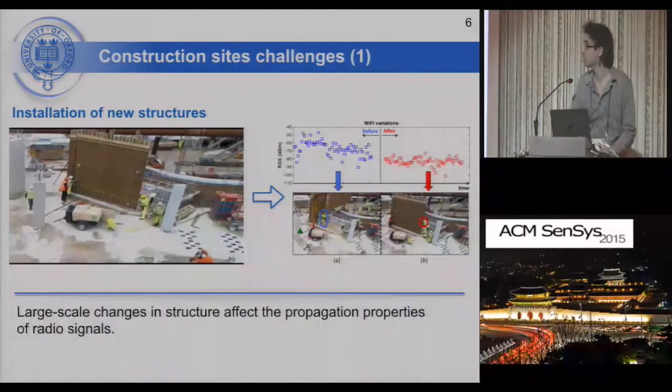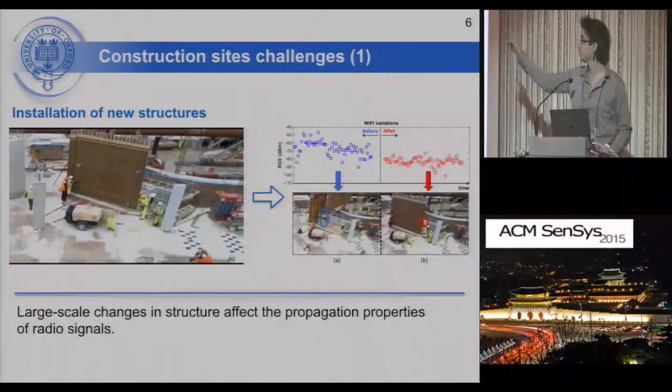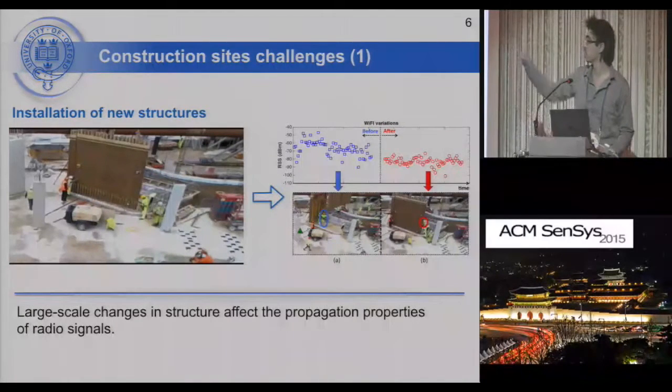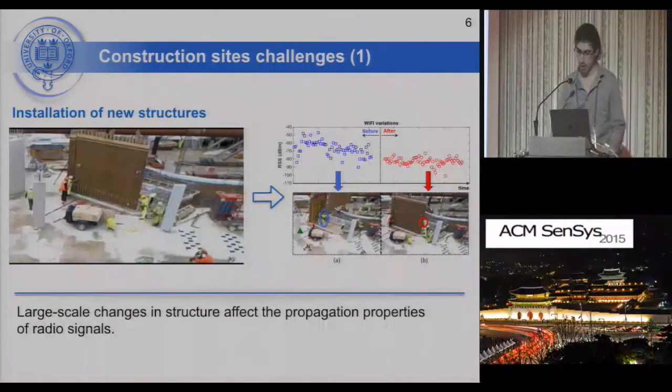So we are talking about the guy in the circle, and the access point is the green triangle. And as you can see from this graph, the installation of this wall greatly affects the propagation properties of radio signals.